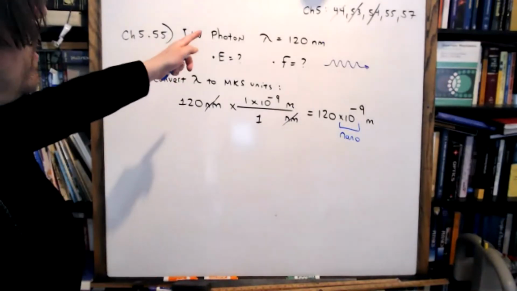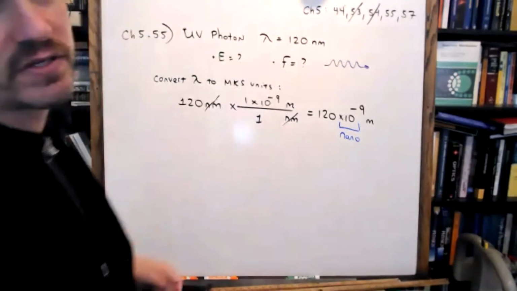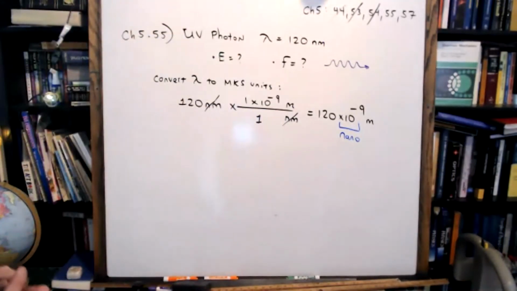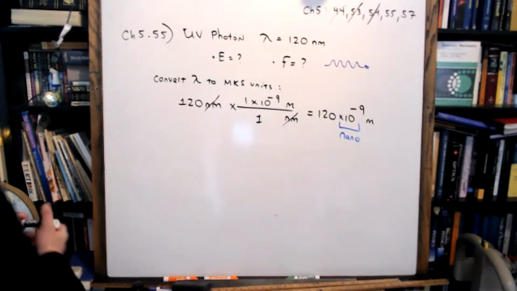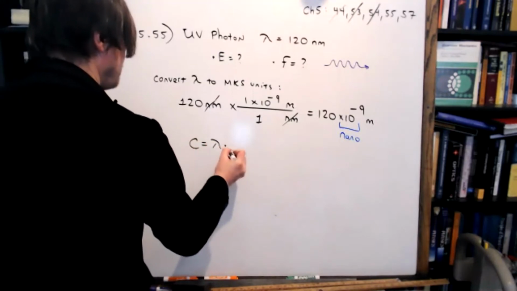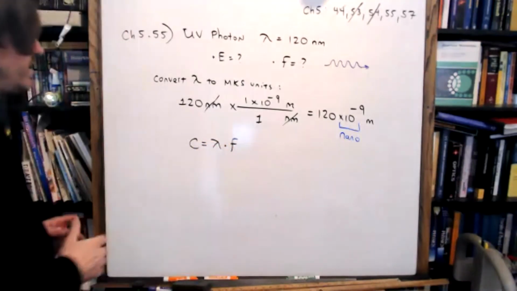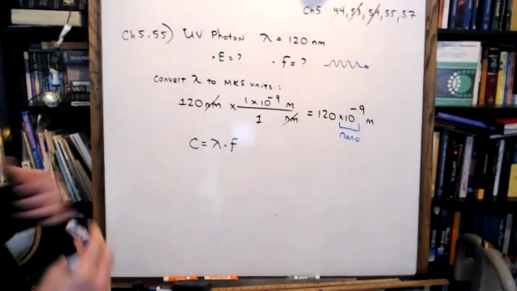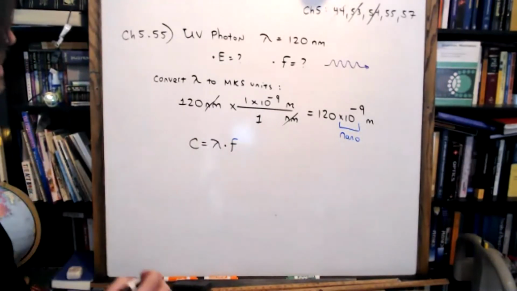Okay, what formula do we want to get the, let's do frequency first. C equals wavelength times frequency. Okay. Jenna, since we're in a time crunch, why don't you solve us for frequency since you're getting pretty good at that?